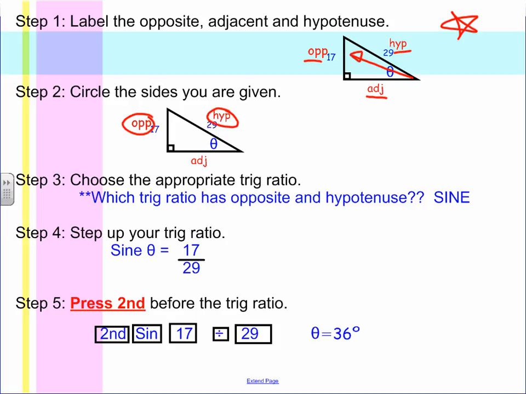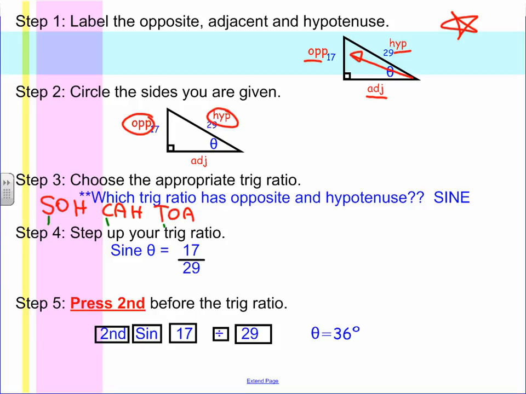We then choose the appropriate trig ratio. Remember, we use our little phrase, SOHCAHTOA. And SOHCAHTOA helps us choose which ratio we're going to pick. Remember, I treat SOHCAHTOA as a checklist, and I always give my free spaces, my S, my C, and my T, a free check right off the bat, and then I check off the letters that correspond to the sides that I circled.